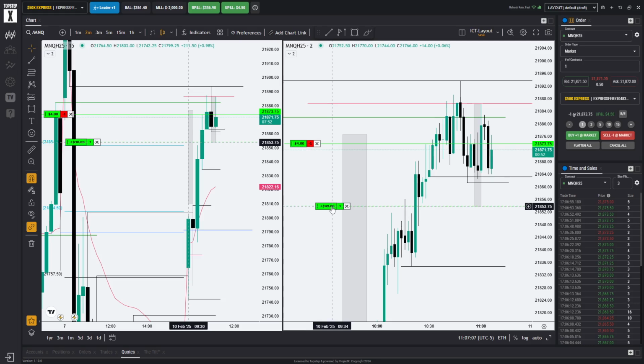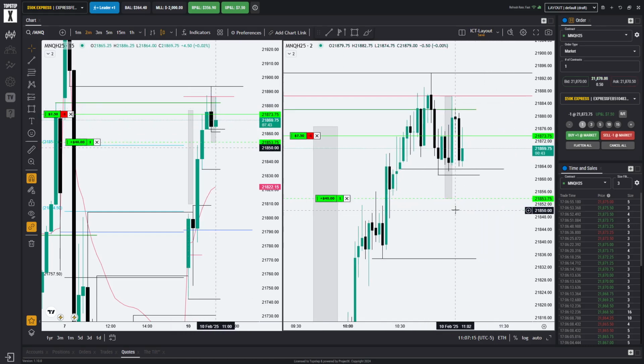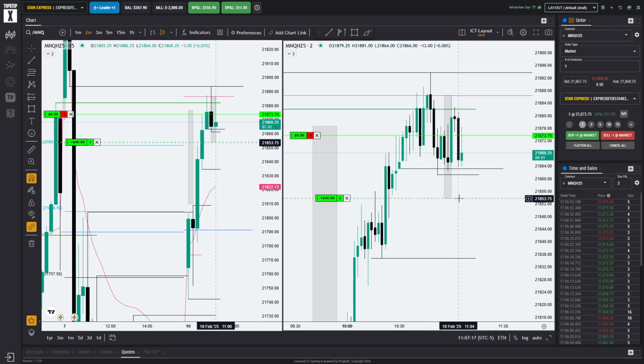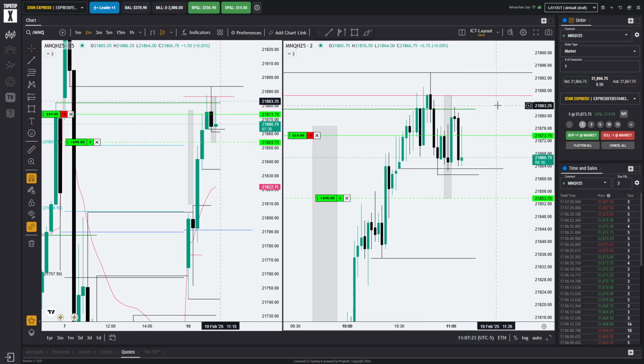Target is still the same. That's a minimum target, 53. IS is breaking, tick chart is breaking. Everything is looking good for a drop.